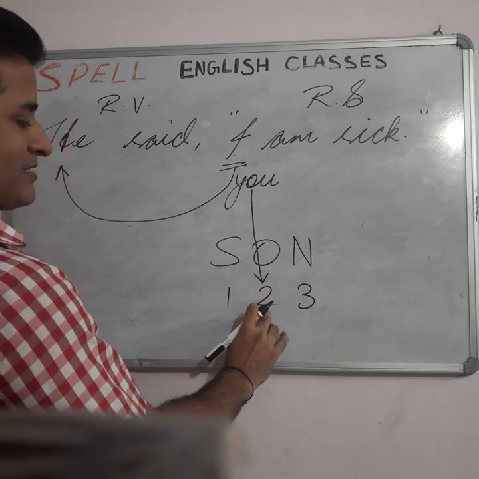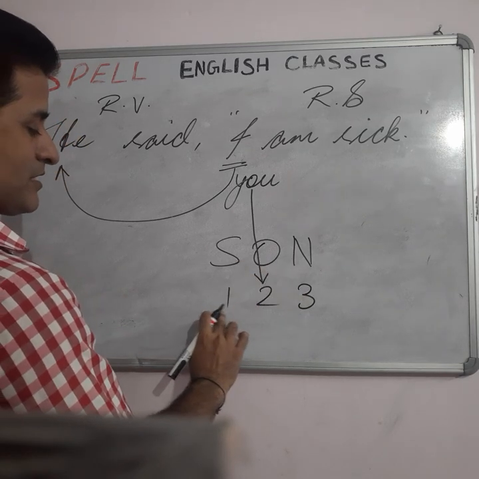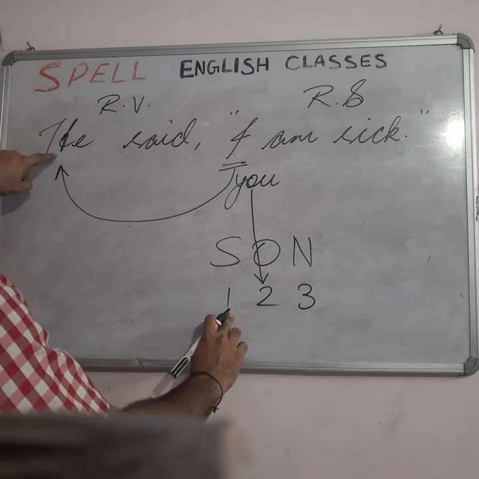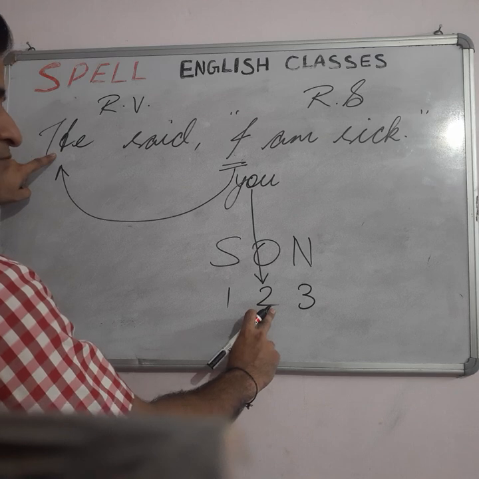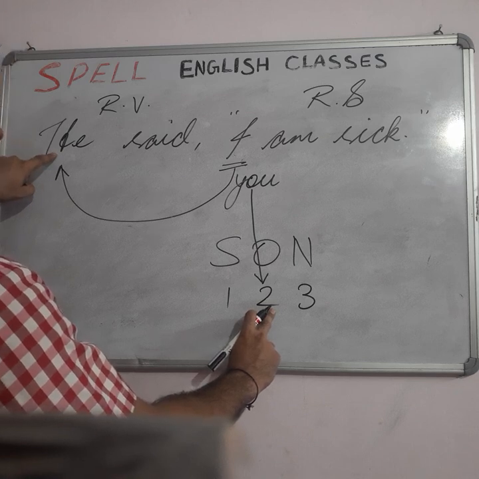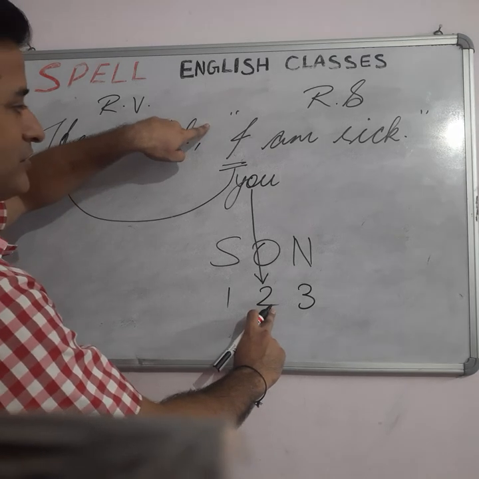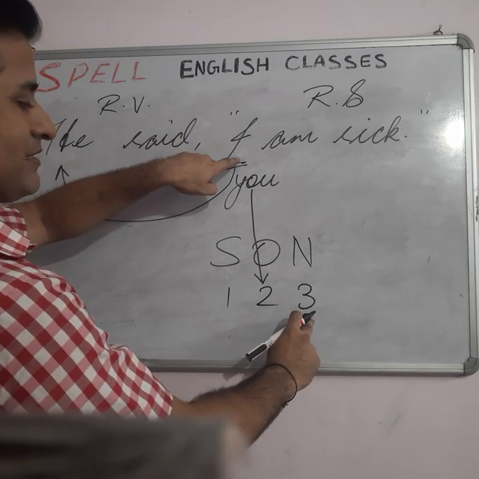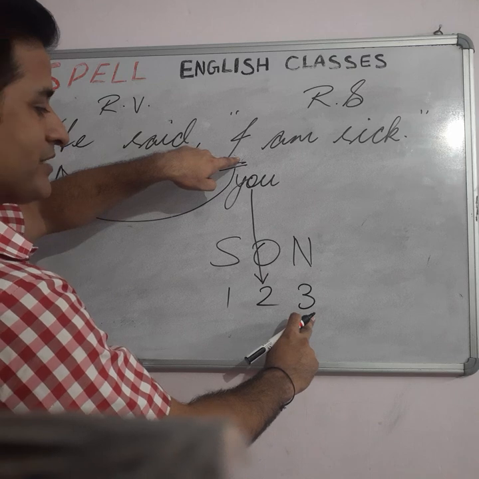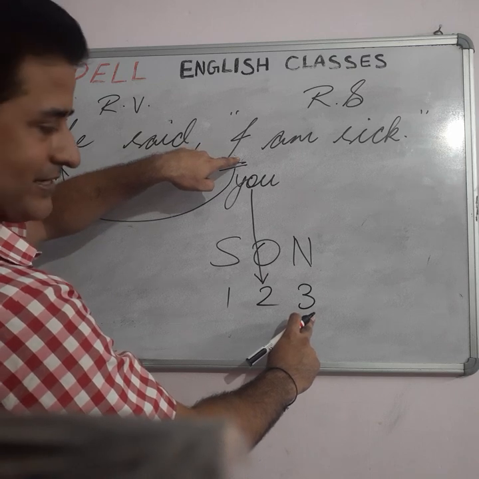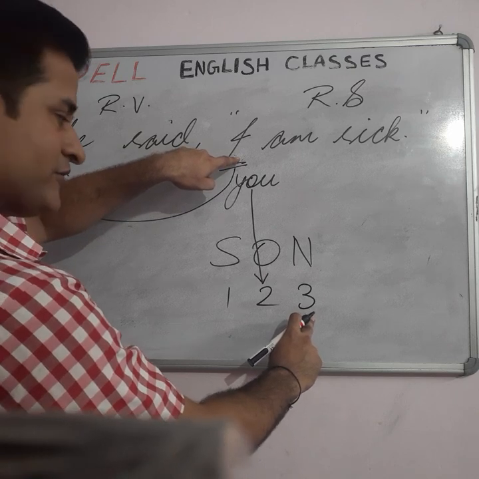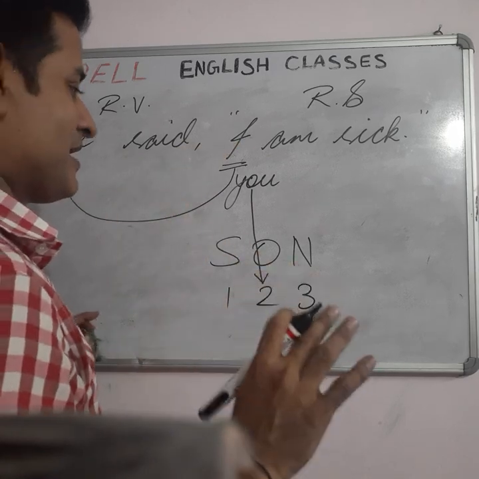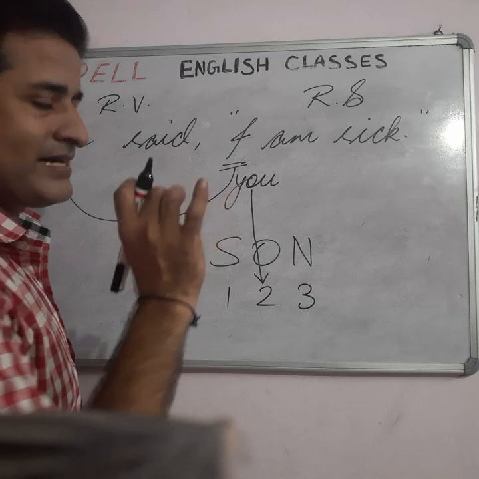When the subject is first person, subject should be seen. When the subject is second person, this object should be seen. And when the subject here is third person singular number, you need not see anything. Let it be as usual. And this is about the rules of minor changes.